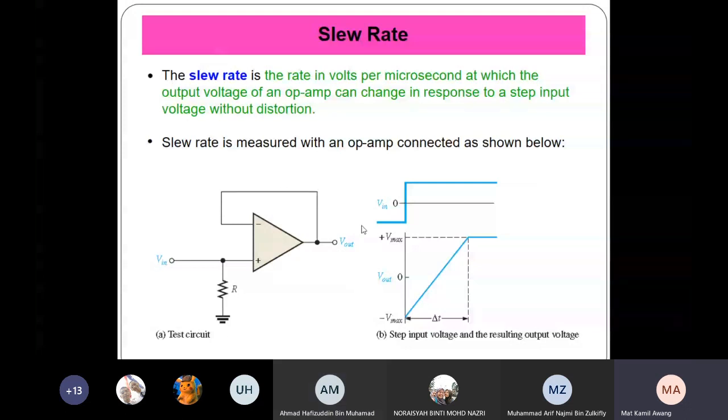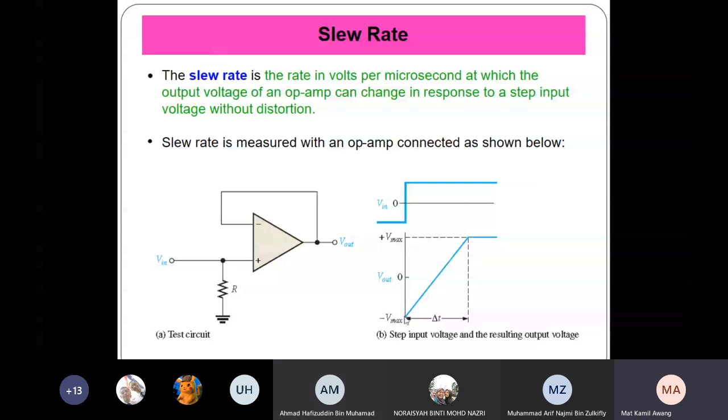This is the configuration when you want to test the OpAmp for the slew rate, where you connect the input at the positive terminal, and the negative terminal you connect as a feedback. You pump in the step function as the input and measure the output. Because it's a practical amplifier, it takes some time delta T for the signal to rise up to Vmax.